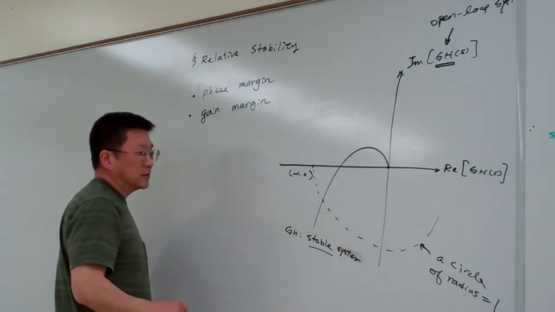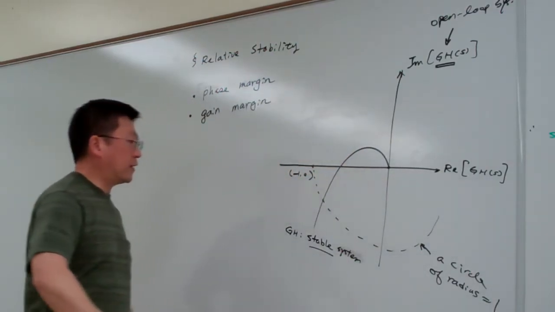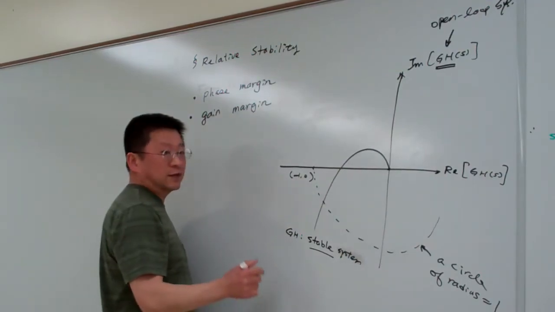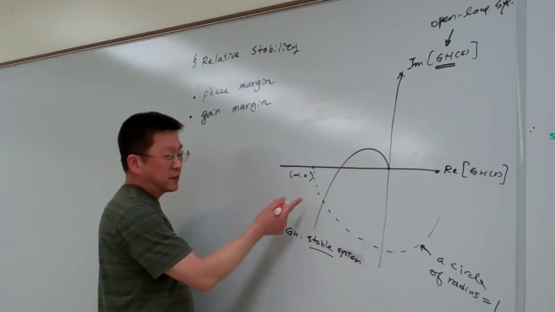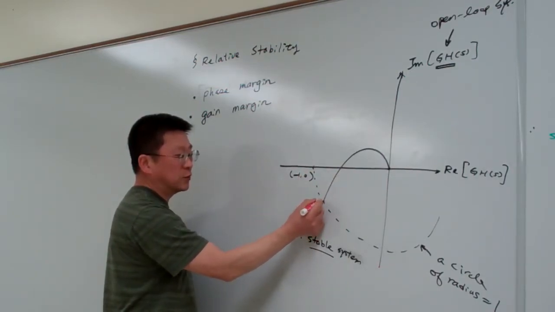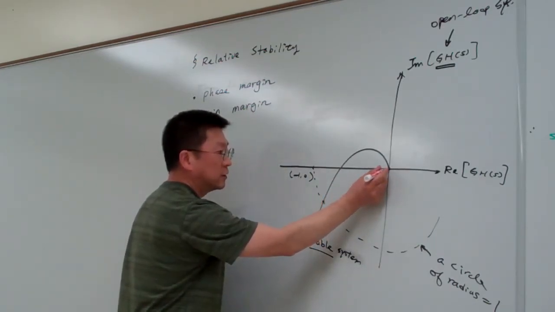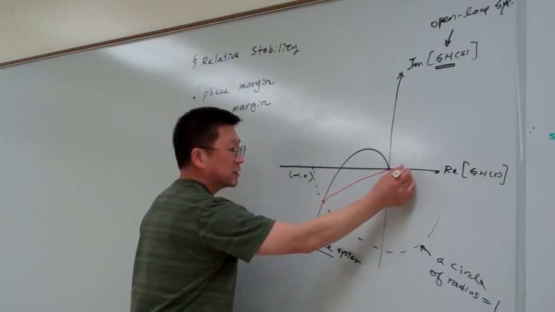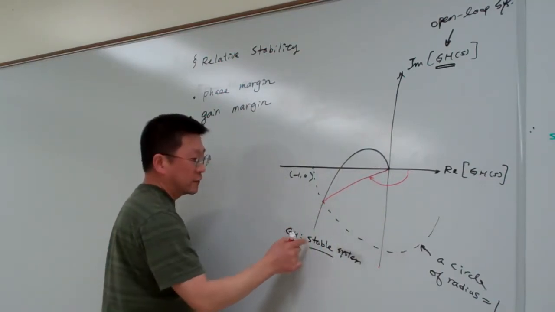For this case, we can define the first one. Let me define the phase margin. The phase margin is this. Basically, we find the intersection of this circle with the plot, which is at this point. Then we connect that point to the origin to calculate the angle. Basically, this is the angle of the GH.